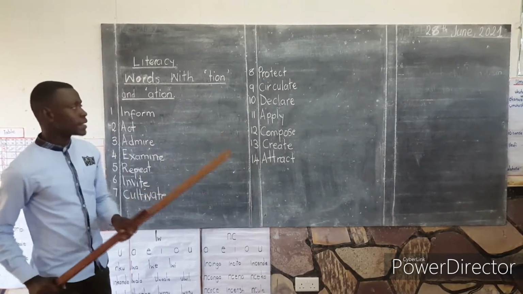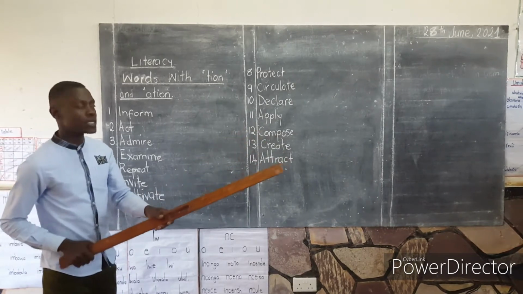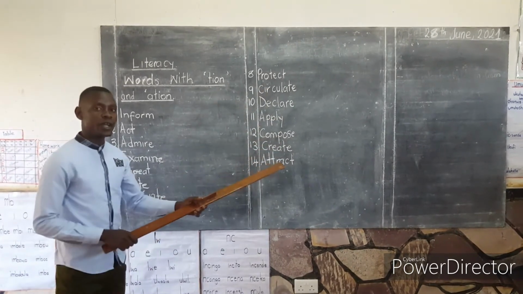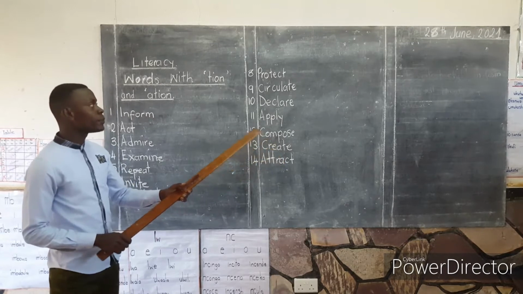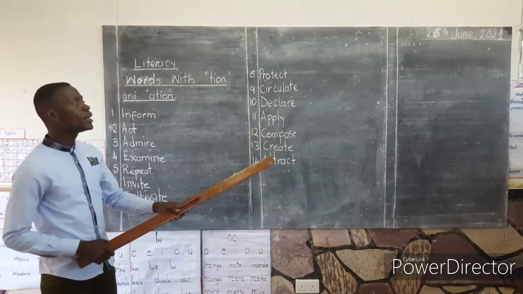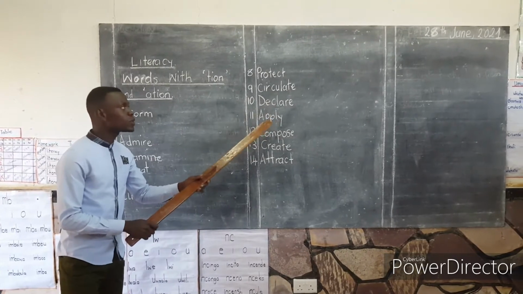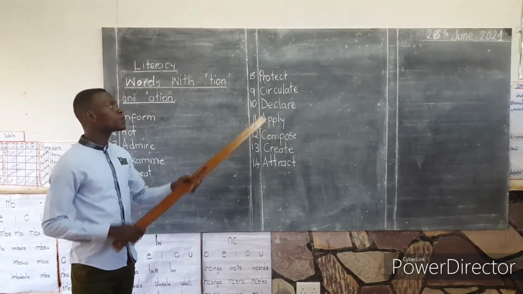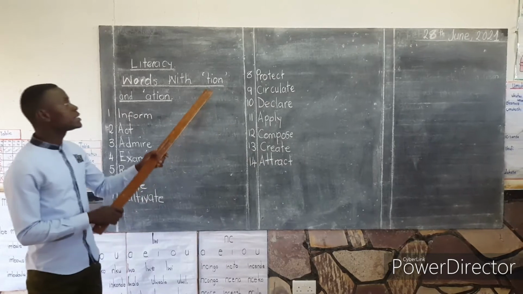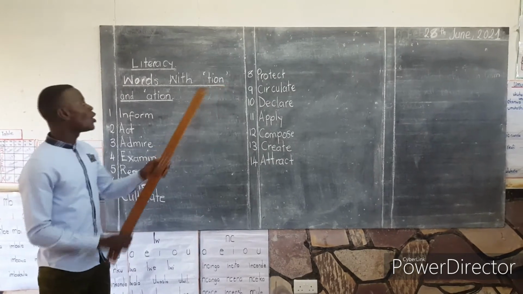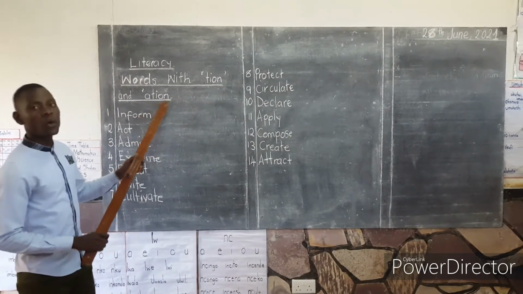So nouns can be formed from these verbs by adding T-I-O-N or A-T-I-O-N.